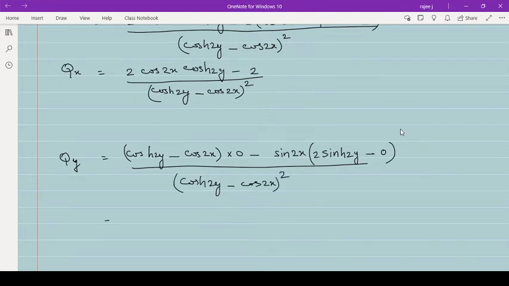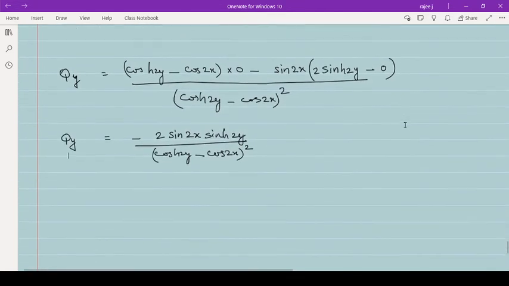Now this is equal to, here also this total becomes 0, this one 0, and here minus 2 sin 2x sinh 2y divided by (cosh 2y minus cos 2x) the whole square. Okay, so this is q_y.